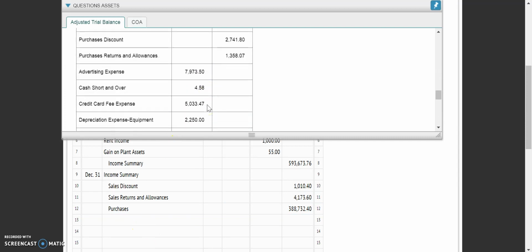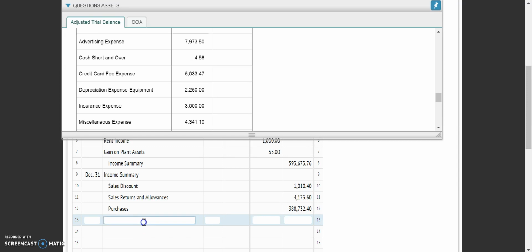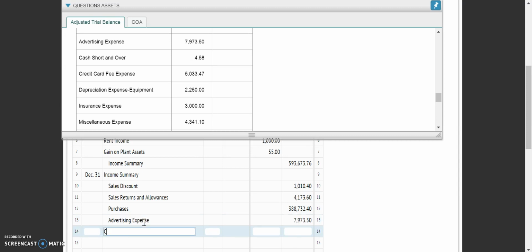So as we scroll down, then we start with all of our expenses. So we have advertising expense, 7,973.50, and cash short and over, 458.